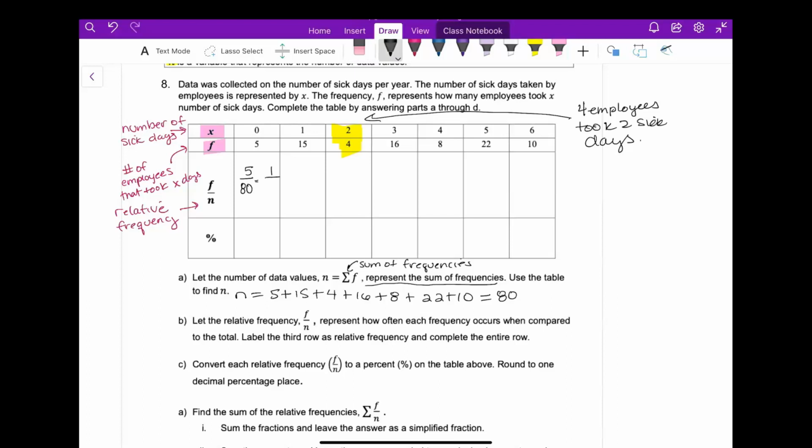And divide by 5 on the 80, that's 16. And we're going to do this for the whole entire thing. Ready? So in this frequency, it's going to be 15 over 80. So 15 divided by 5 is 3, and 80 divided by 5 is 16.